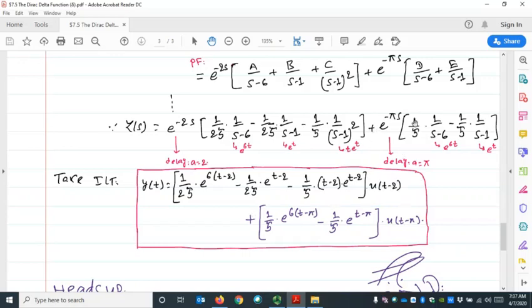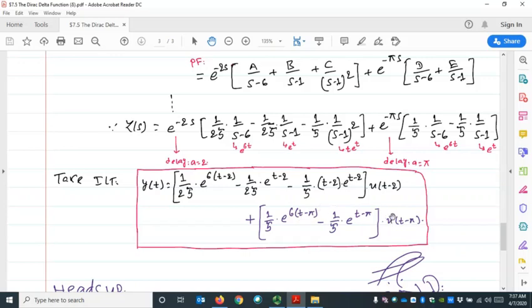Similarly, 1/5 the inverse Laplace transform of 1 over s minus 6 is e to the power 6t, delayed by pi. So e to the power 6 times t minus pi multiplied by unit step function u of t minus pi, which is outside.